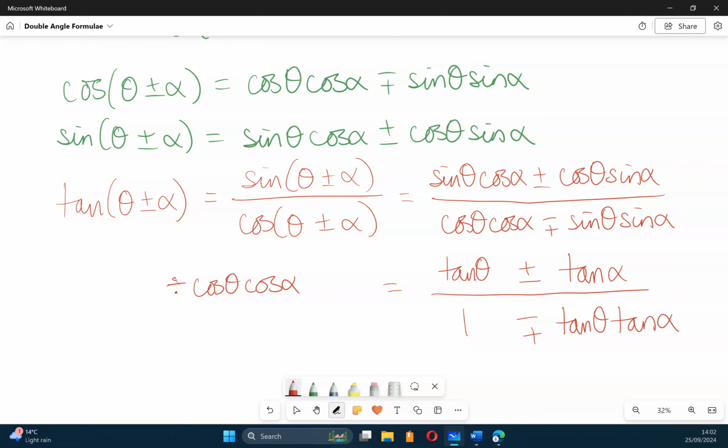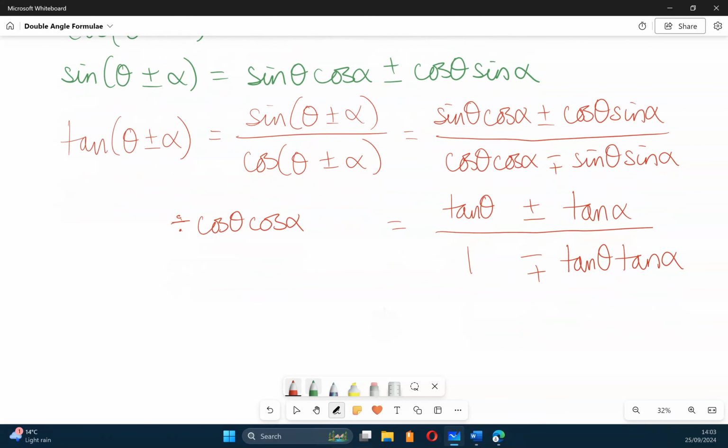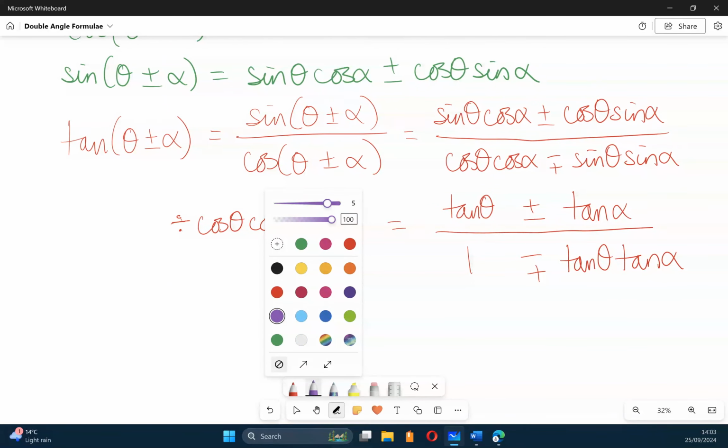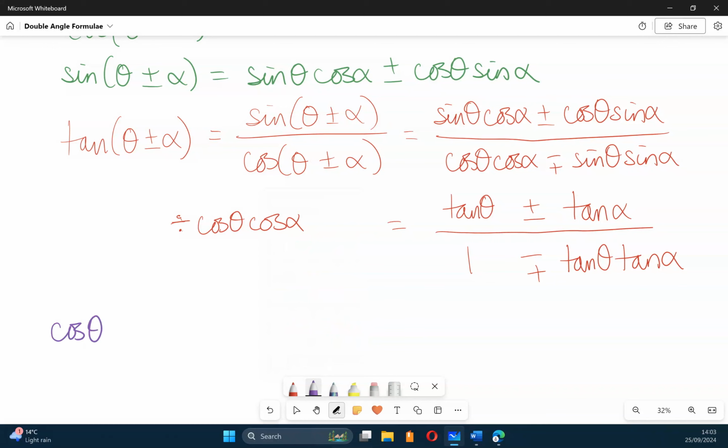So with these, you could then use simultaneous equation type tricks to find cosine theta cos alpha. One simple example: cosine of theta minus alpha will have a plus sine term, and cosine of theta plus alpha will have a minus sine term.